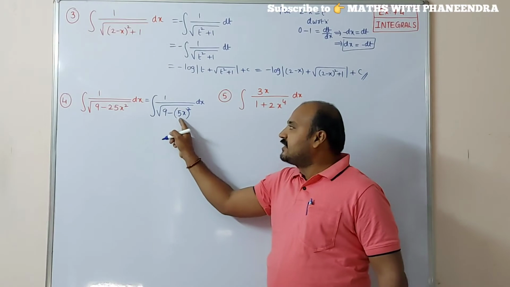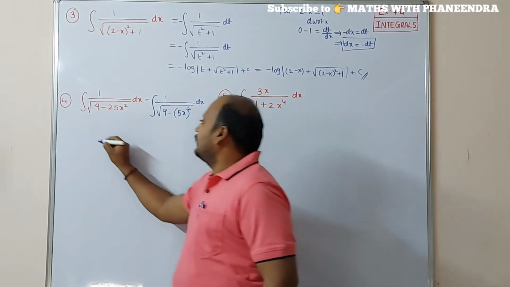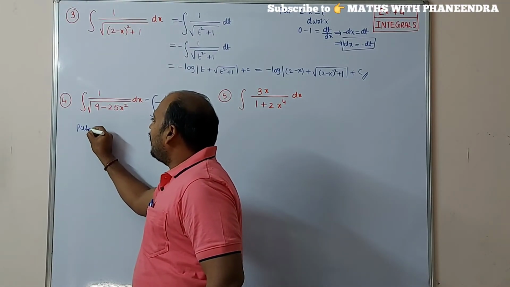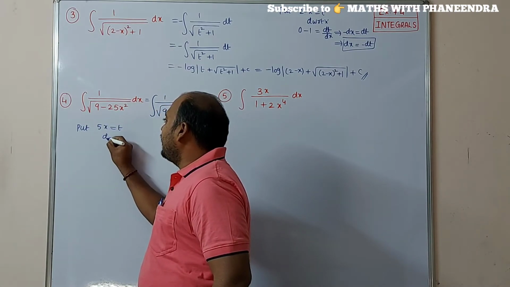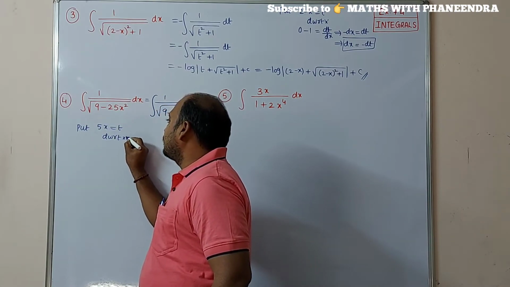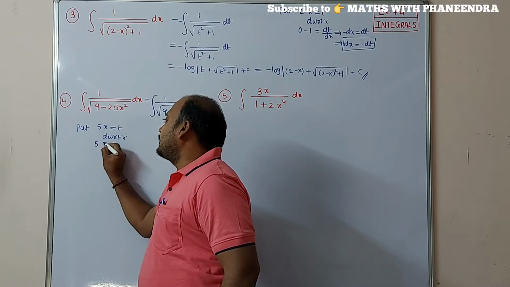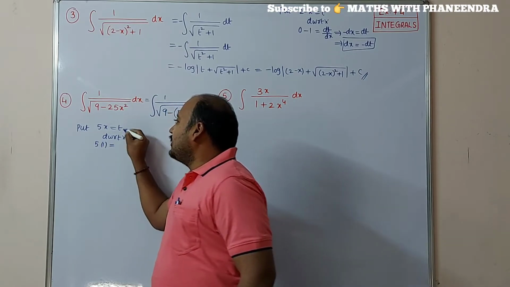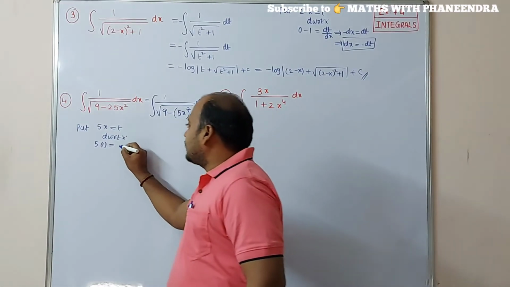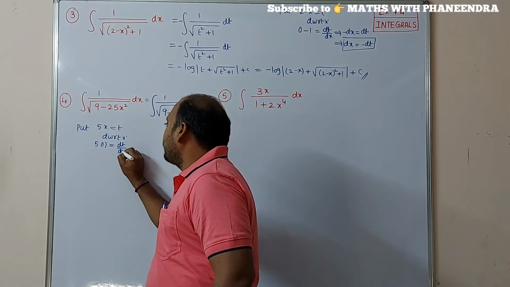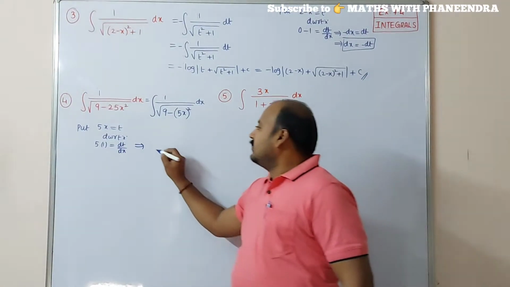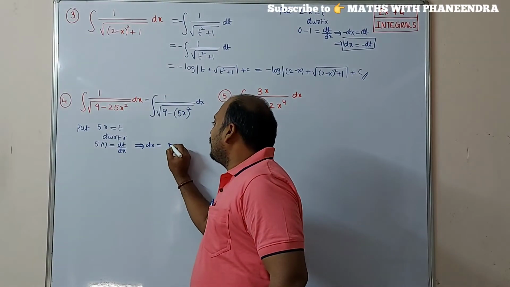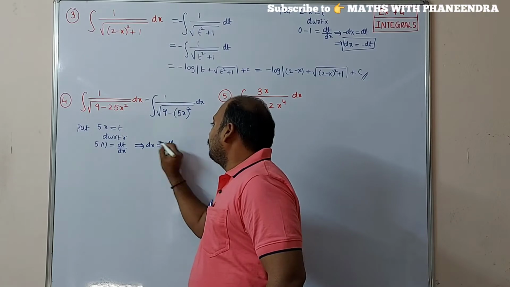Now 5x is equal to t, you have to assume that. So put 5x is equal to t, differentiate with respect to x. So 5 into x derivative is 1, t derivative with respect to x, dt by dx, cross multiply. That implies dx I am taking here and 5 we are taking here. So dx is equal to dt by 5.